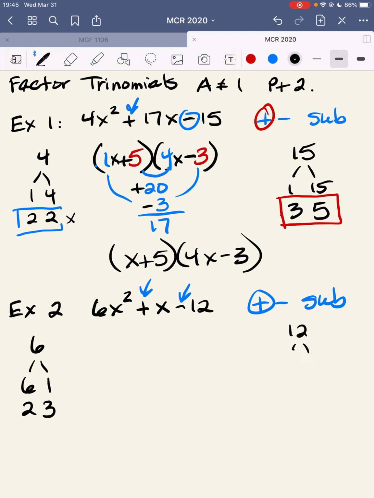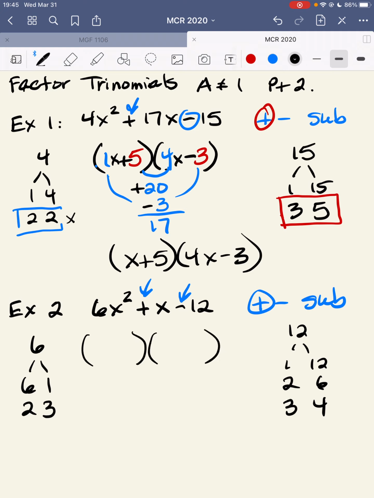Factors of 12 are 1 and 12, 2 and 6, 3 and 4. All right, I'm going to go ahead and play odds here with it because I'm subtracting to get a small number, which is a 1. And I'm thinking both sets that are closest together will be what I want to look at. So I'm going to go ahead and make my binomials.